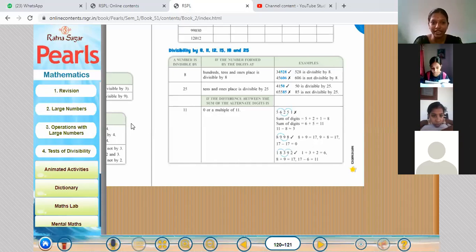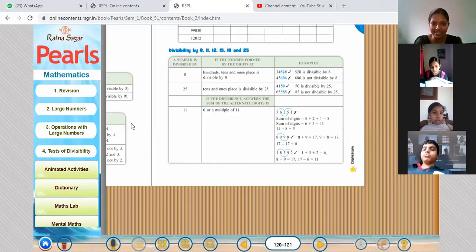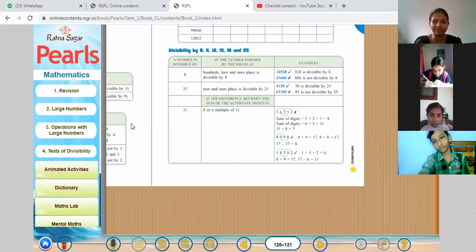The rule for checking the divisibility of 11 is: if the difference between the sums of the alternate digits is 0 or a multiple of 11. What is meant by an alternate digit?